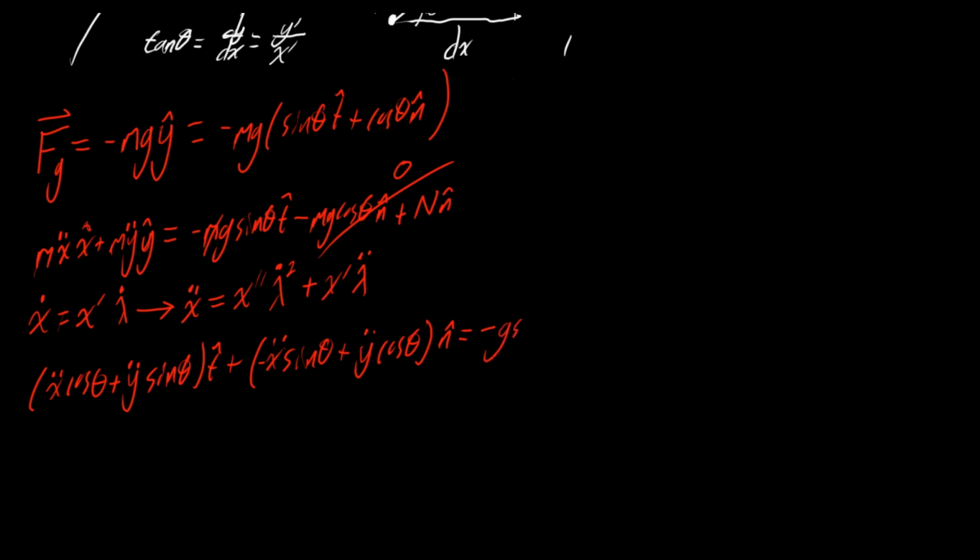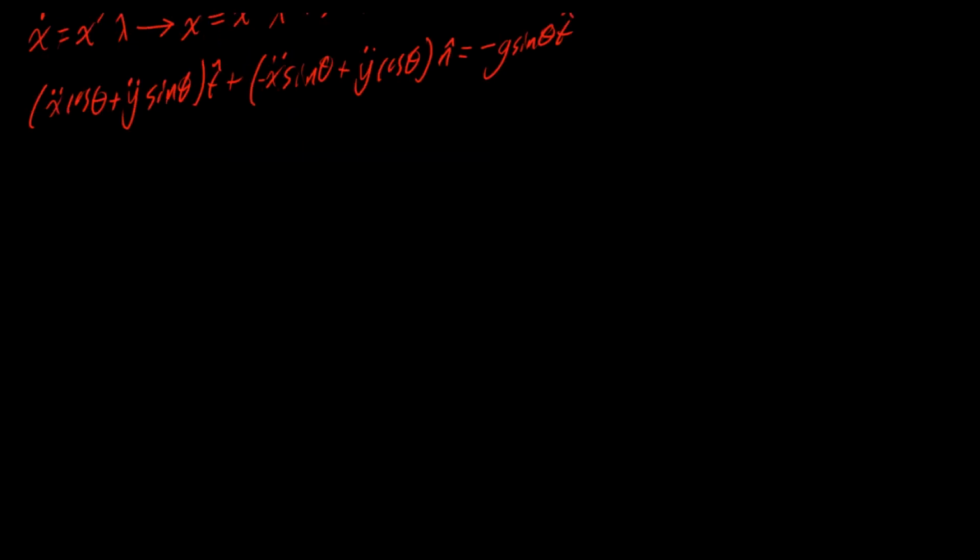Negative g sine theta e hat. So we're just going to set the components equal to each other, and we're going to ignore this normal force because there's no motion in the normal direction. So all we're going to get is x double dot cosine theta plus y double dot sine theta is equal to negative g sine theta.